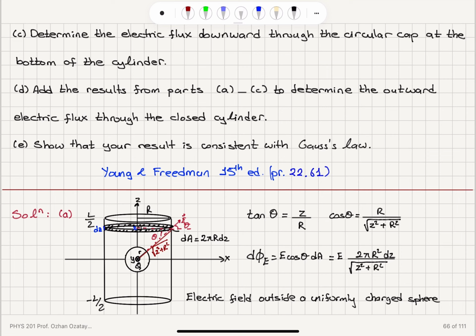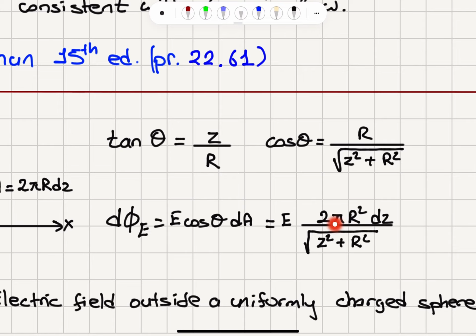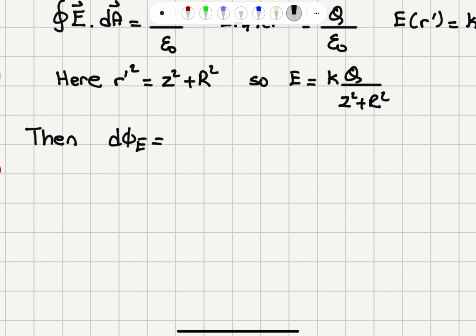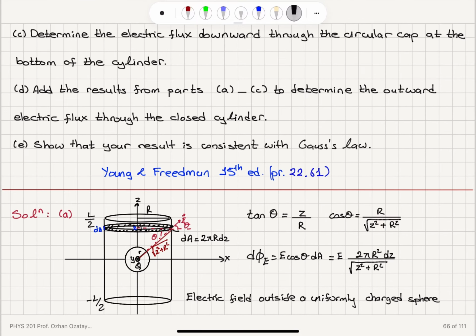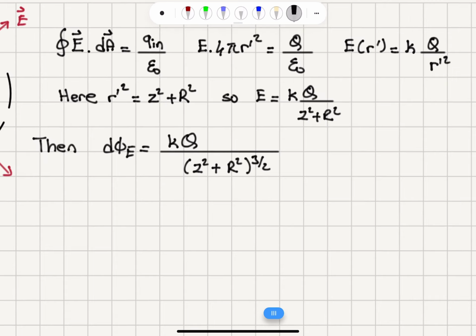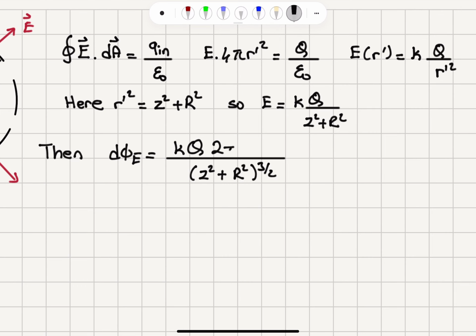So z square plus R square multiplied with the square root of z square plus R square, I will have z square plus capital R square to the power 3 over 2 at the bottom. And then I have kq coming from the electric field magnitude, and then I have 2 pi capital R square dz. So I have to put that here.